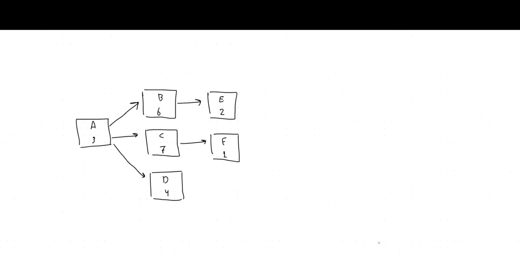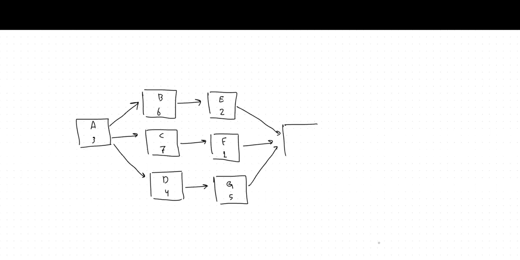Activity D is connected with activity G. Activity G is 5 days. Activities E, F, and G are connected with activity H. Activity H is 2 days.